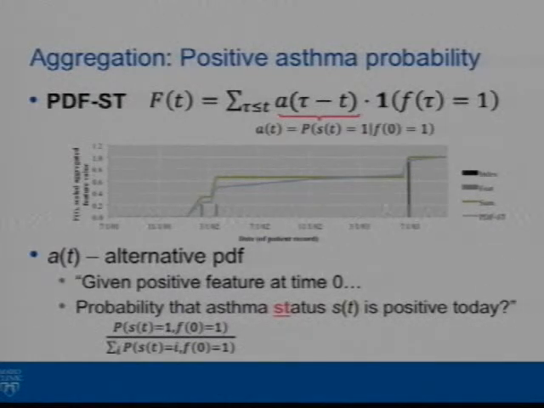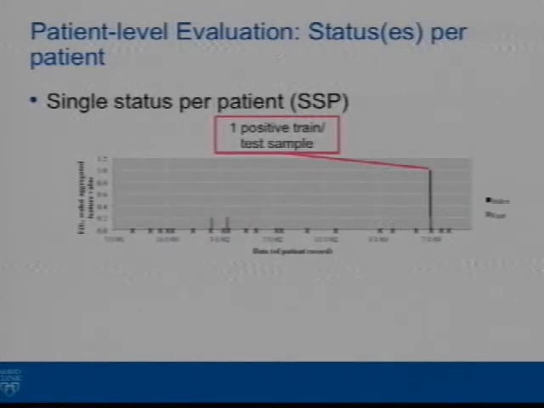When I evaluated these aggregation methods, I had to consider different settings based on the statuses per patient. So here, for this particular patient, if we consider their whole patient history, their whole document history as one training sample, and say, hey, this patient has asthma, great.